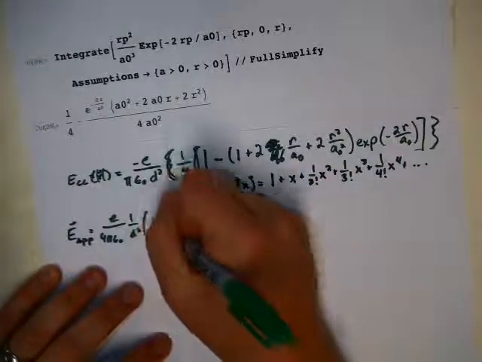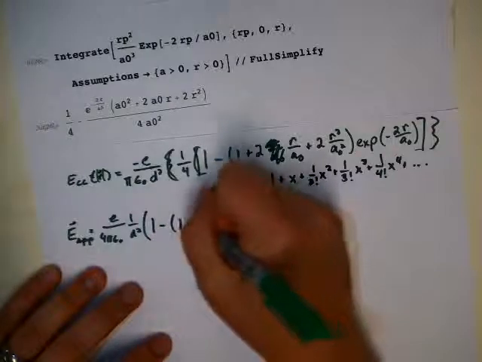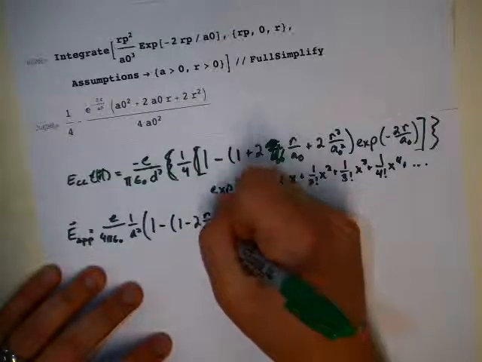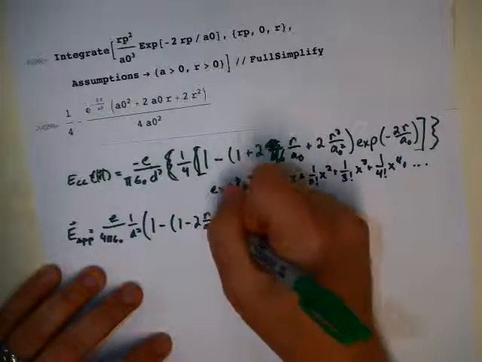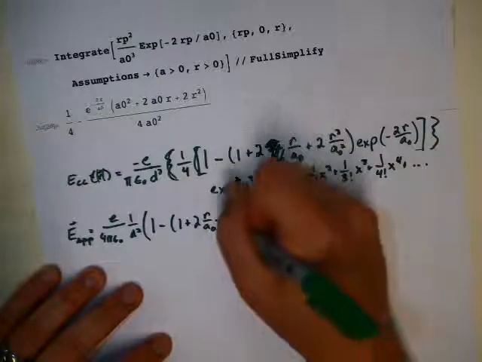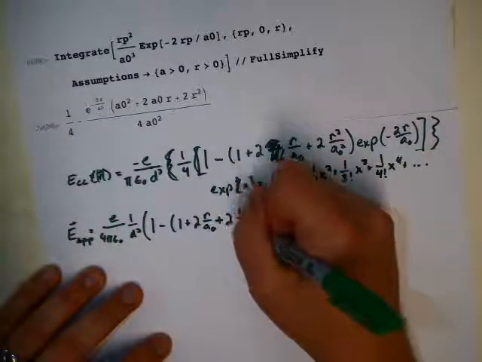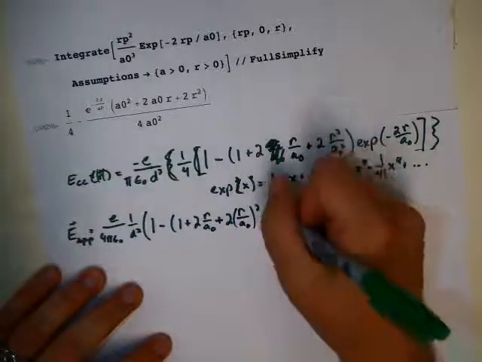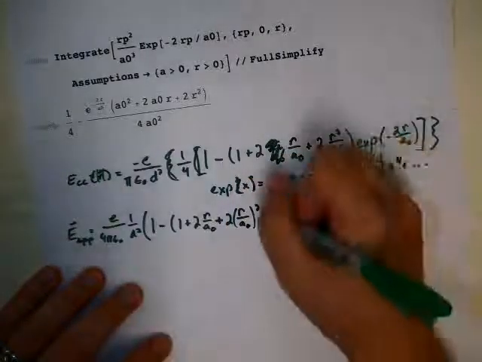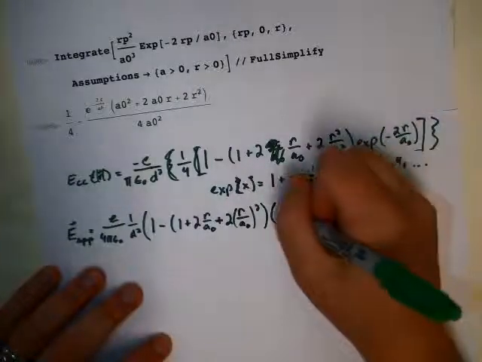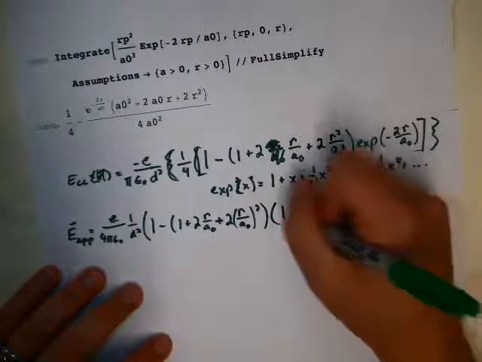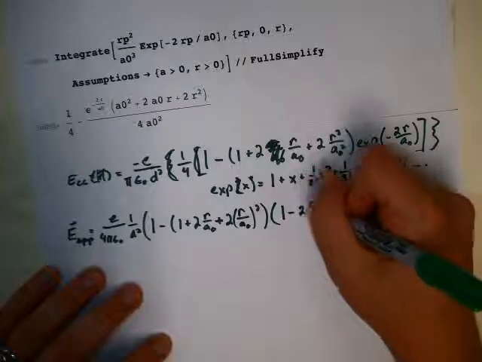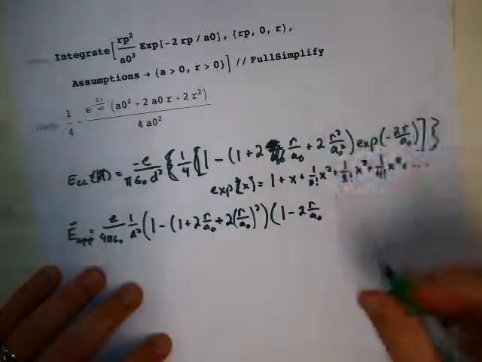And so this is going to be 1 minus 2r over a naught, plus 2r over a naught squared, and then 1 minus 2r over a naught.